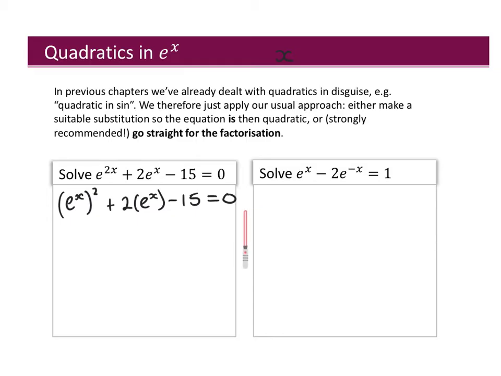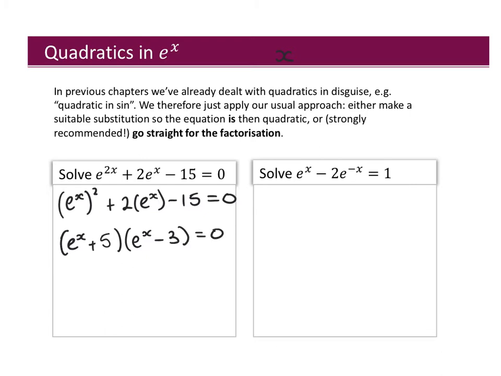So you can either substitute, say let e to the power of x equal y. There's no point really, just get comfortable. Two numbers that multiply to give you minus 15 but add to give you 2: 5 and negative 3. So we're going to have e to the x plus 5 and e to the x minus 3 equals 0.